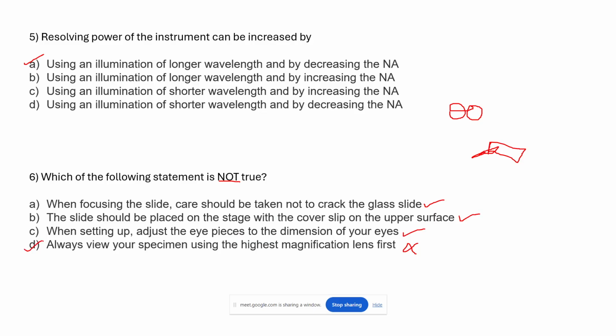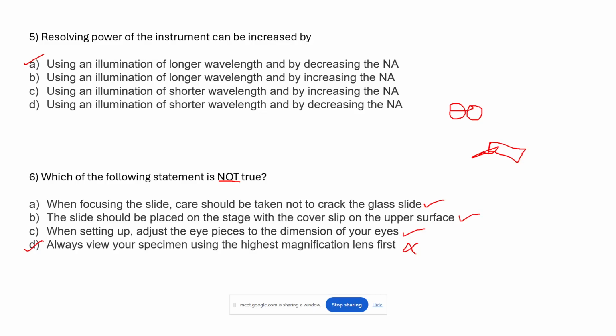But you should remember one thing: if your image is focused in the higher magnification, then you can easily go to low mag and the image should remain focused, because at higher mag you have corrected more things for the image correction.